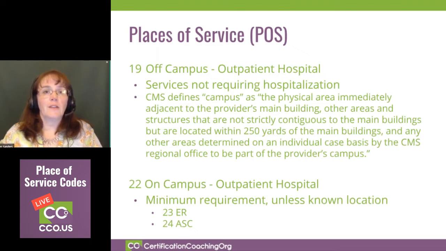You can put in 22 unless the provider knows there's a more specific location. And you'll see this with inpatient as well. If there's something else that better describes it that the provider knows about, that's what they're going to use, or they could use the 22.